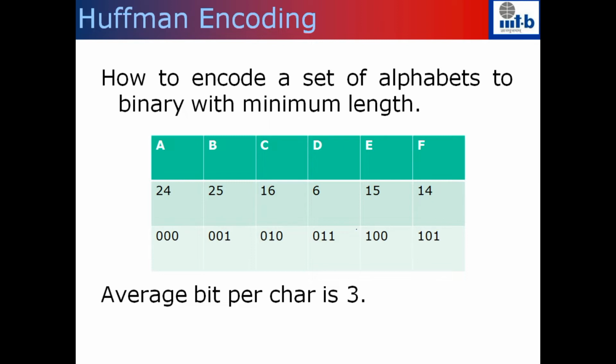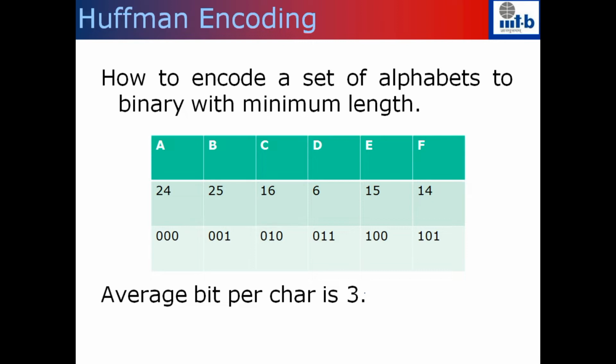But since each of these characters is encoded with a binary string of length 3, if you start with a text of n elements, after you encode into binary the length is 3 times n. So the average bits per character in this case is 3.